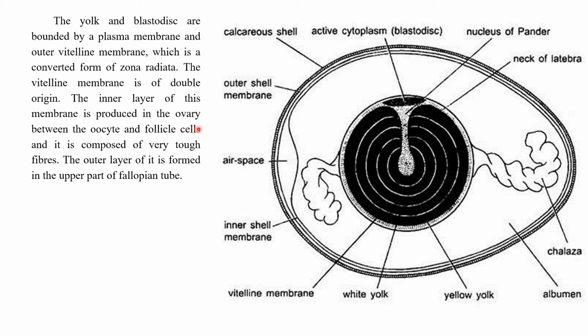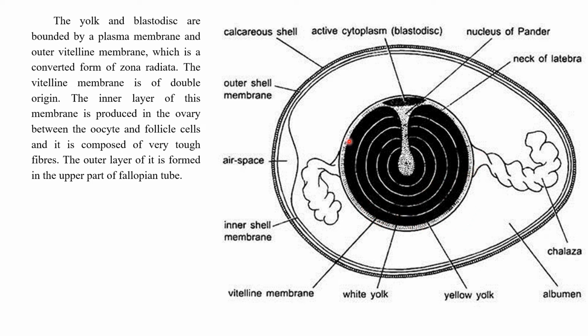The yolk and blastodisc are bounded by a plasma membrane and outer vitelline membrane, which is converted from zona radiata. There will be a plasma membrane, and outer to the plasma membrane there will be a vitelline membrane.